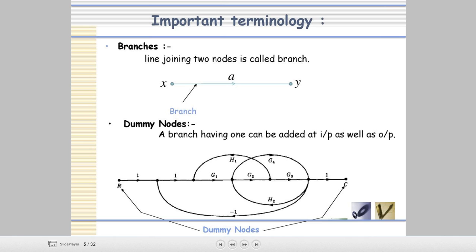Dummy nodes: a branch having one can be added at input as well as output. This r and y you have to add additionally while solving the problem, that is nothing but dummy nodes. We call this input and output dummy nodes.